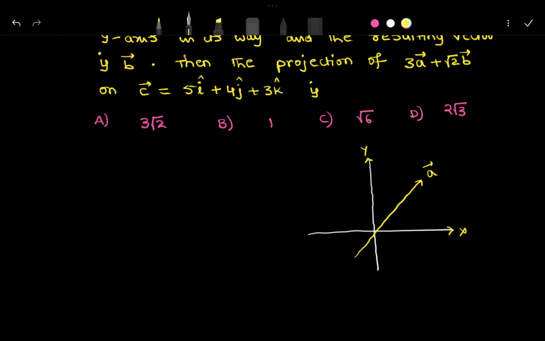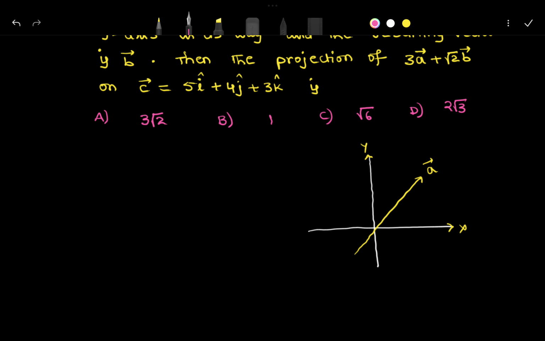A bar is rotated through an angle of 90 degrees, which means after the rotation the resultant vector will be this one. So the angle between these two vectors will be 90 degrees.